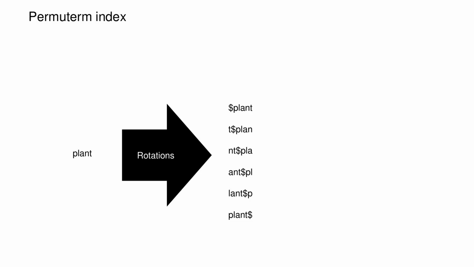In this ring, you also add a dollar symbol to mark where the word ends, because otherwise you don't know where it ends, right? Imagine this ring. And now you write down all possibilities for fully reading the ring. Then you have dollar plant, T dollar plan, NT dollar pla, ANT dollar PL, LANT dollar P, and plant dollar. These are called rotations of my term.